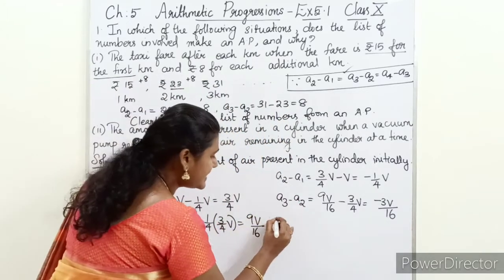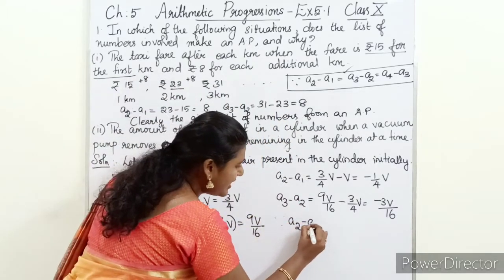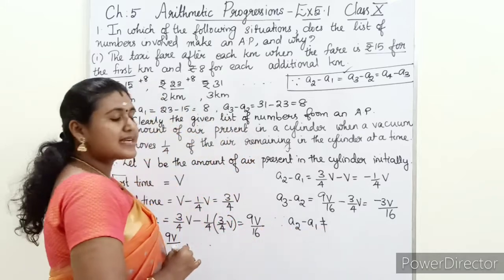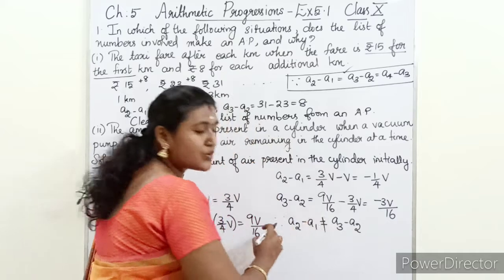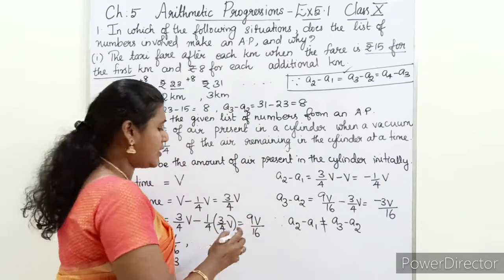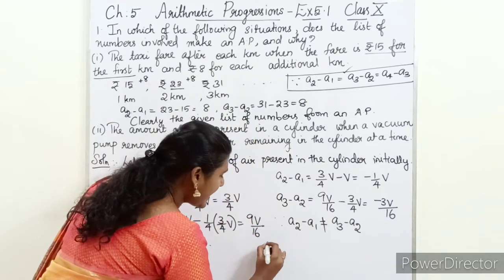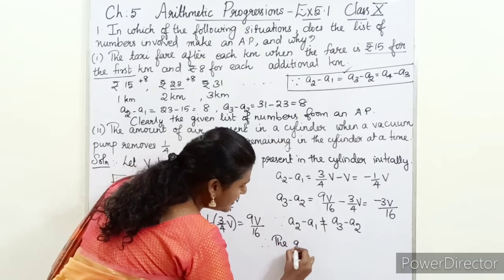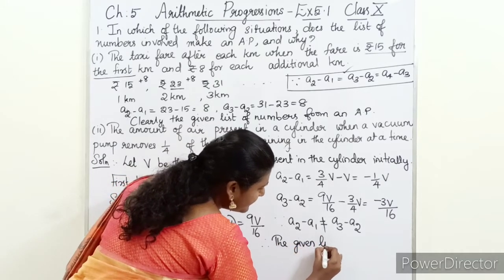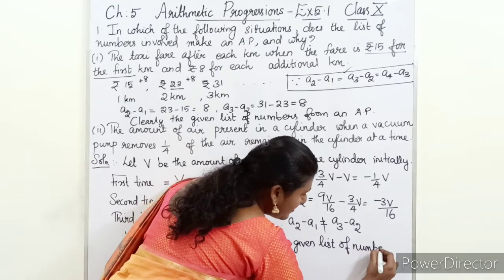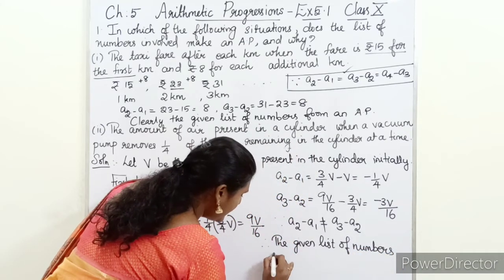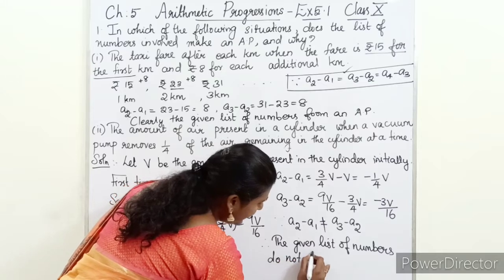So here you see, we got A2 minus A1 not equal to A3 minus A2. So these two values are not equal. Therefore we can write the given list of numbers do not form an AP.